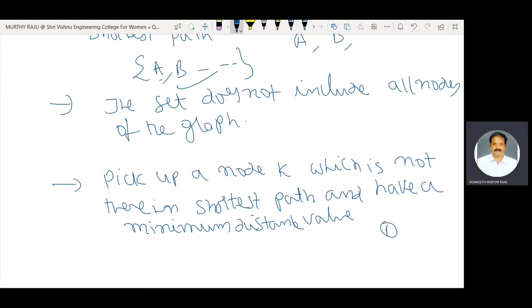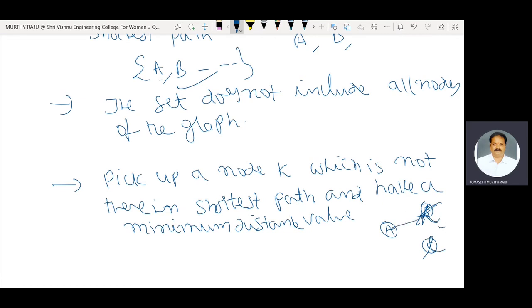That means here A, here B, here C, or else A is equal to K. Pick a node K which is not there in the shortest path and has a minimum distance value.